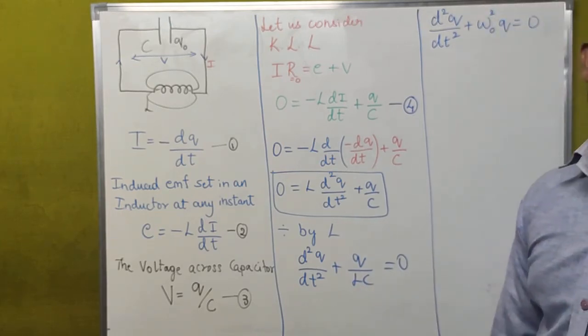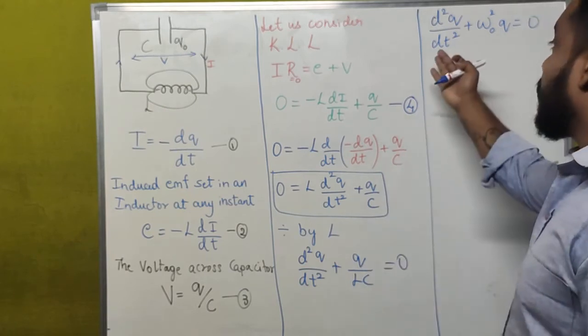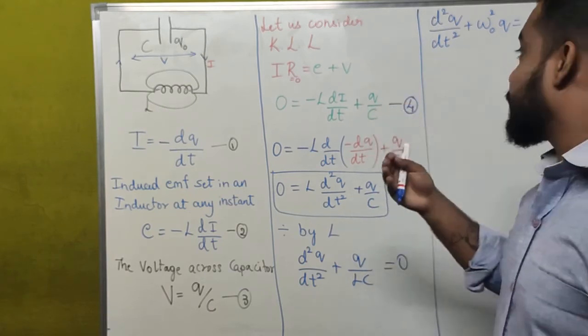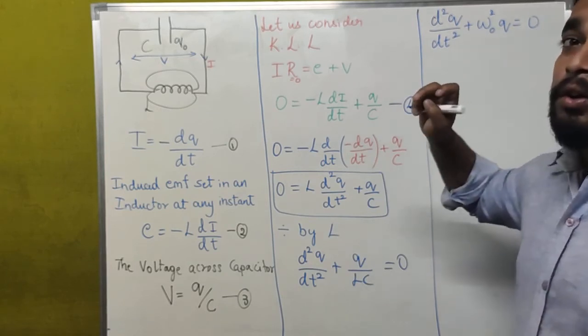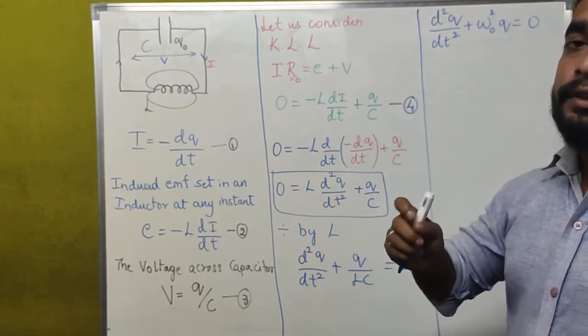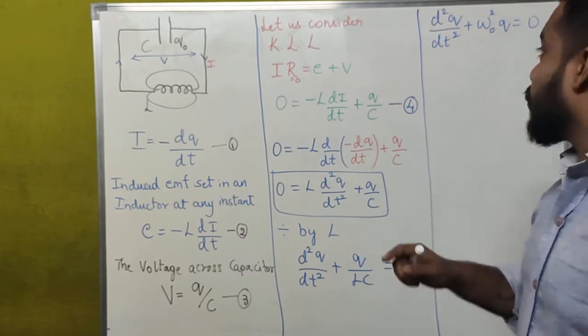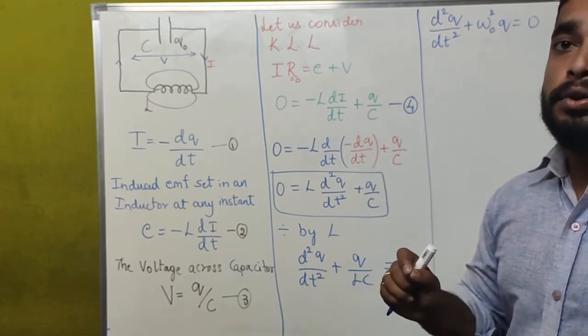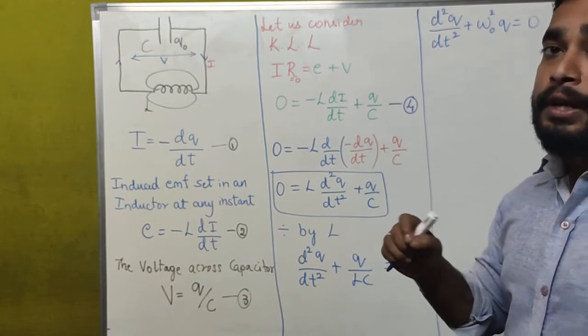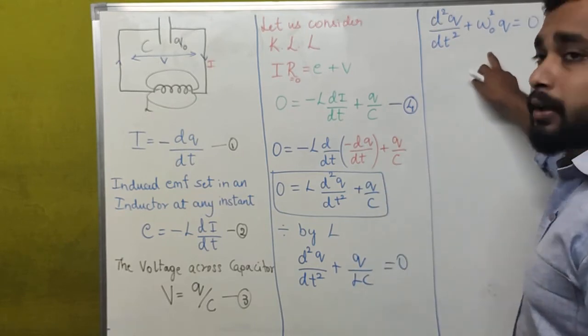In our earlier sessions, we discussed electrical resonance concepts. While writing that, we considered omega naught as angular frequency, that is omega naught square is equal to 1 divided by L into C, or omega naught is equal to 1 over square root of L into C.